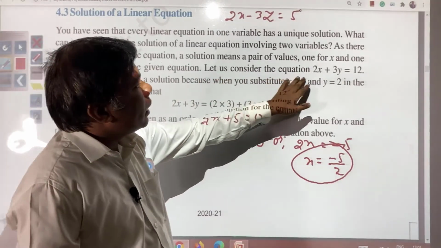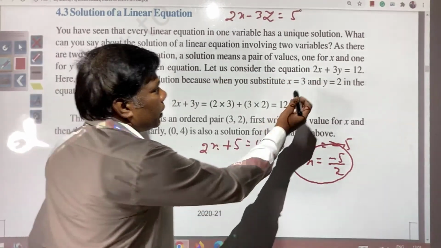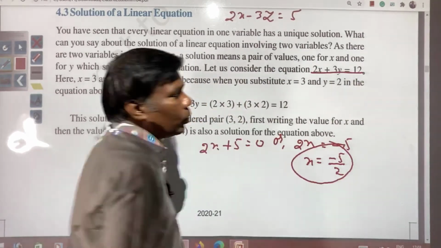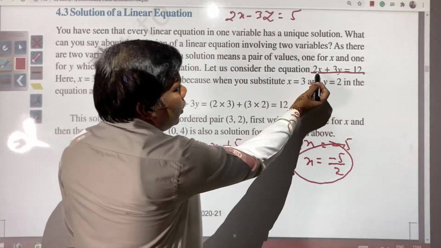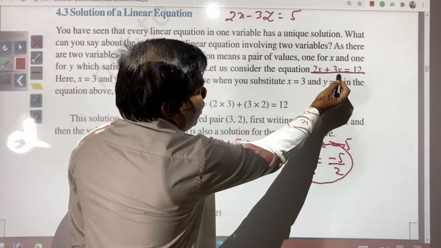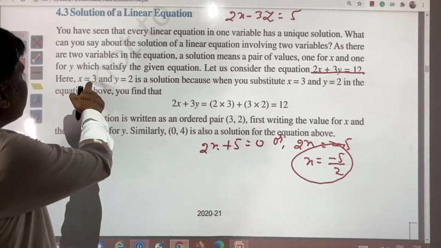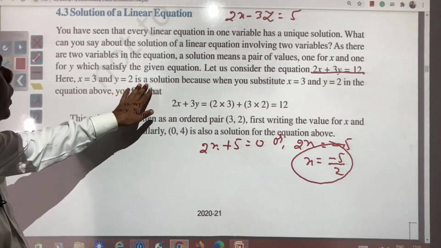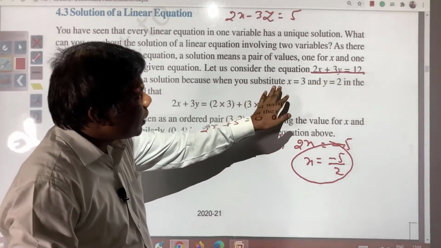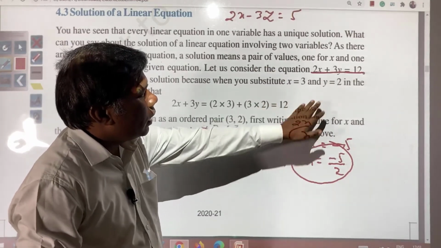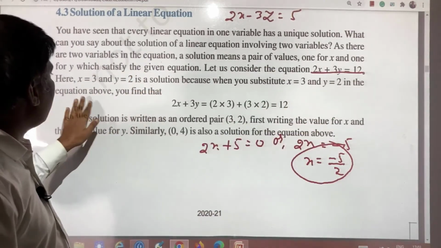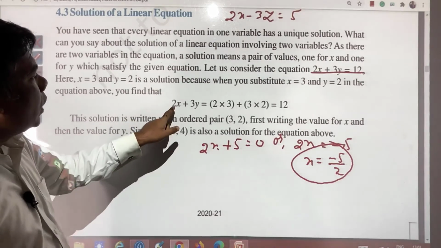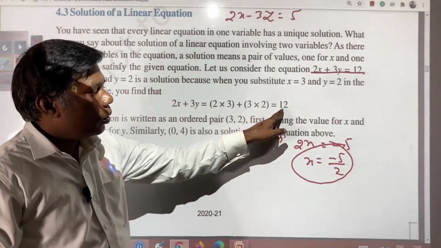Let us consider the equation 2x + 3y = 12, which is having two variables x and y. Here x = 3 and y = 2 is a solution because when you substitute x = 3 and y = 2 in the equation above, you find that 2x + 3y = 12.